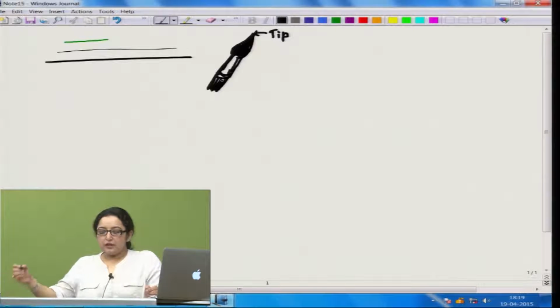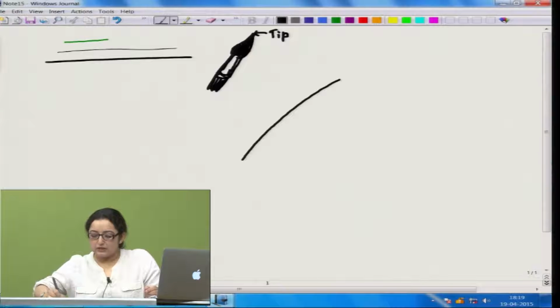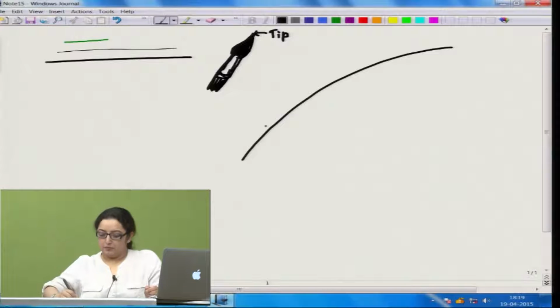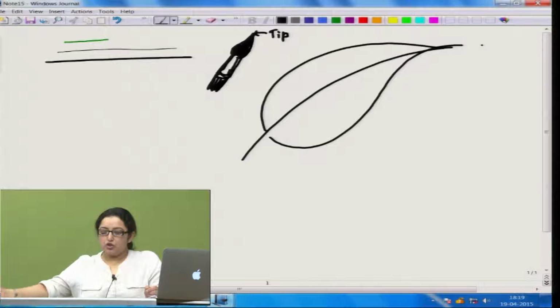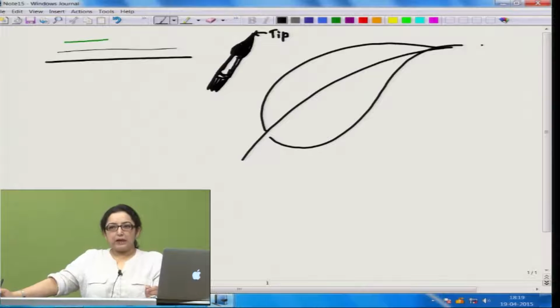Now, for example, if we want to show light and shade in a single line, for example, this is a leaf, and we do not want this leaf to look like a biological diagram. By saying so, I am not underestimating a biological diagram, but it has a different purpose.